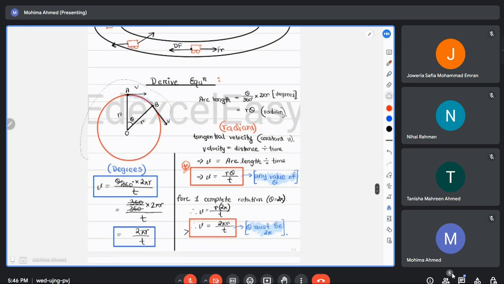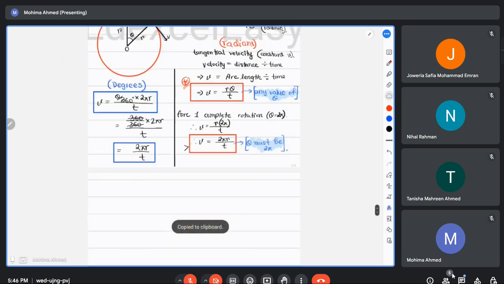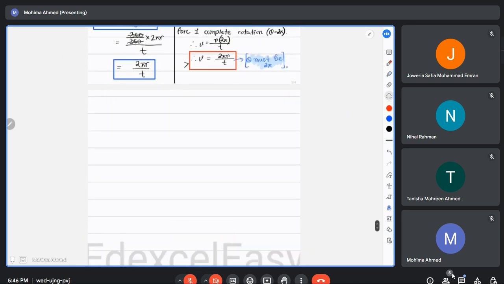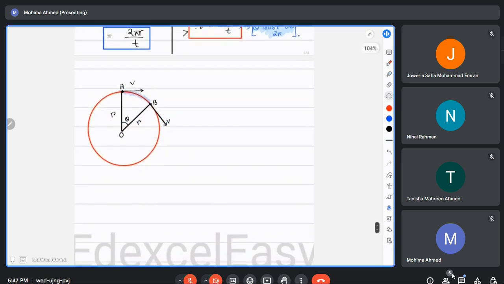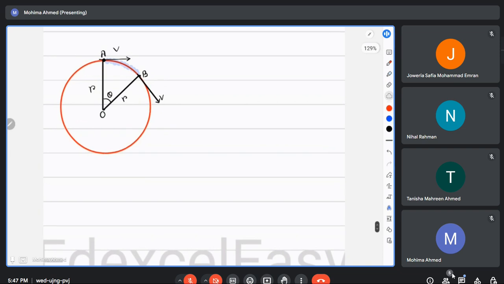Just copy this circle. Angular velocity is referred to as omega. Tangential velocity doesn't have its own name, right? Tangential velocity is just tangential velocity. Now, angular velocity has its own name and own symbol.